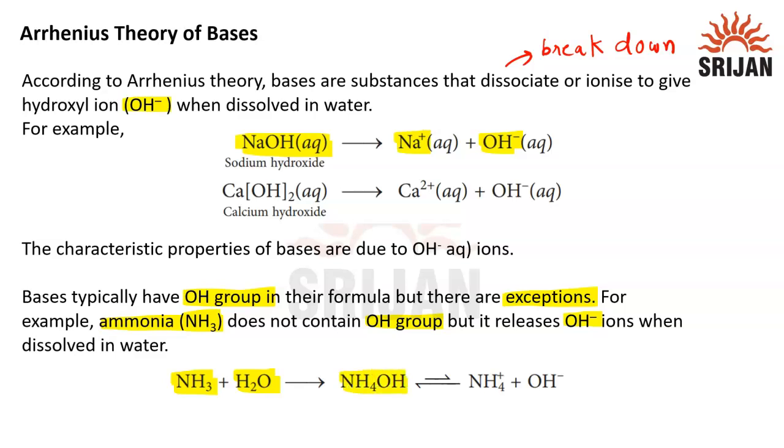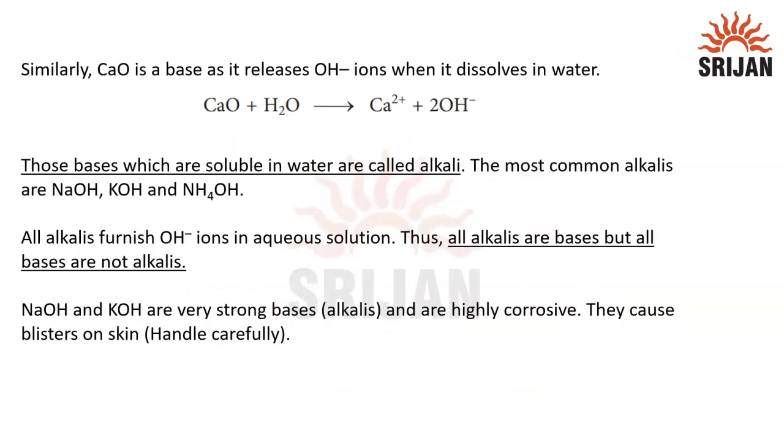And finally it will be broken down into NH4 positive and OH negative. So again we are getting OH negative in the solution. According to Arrhenius theory of bases, NH3 is also going to be a base in aqueous solution.